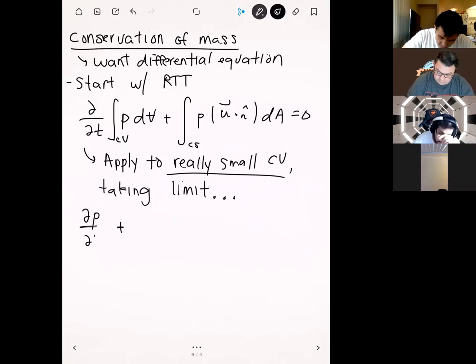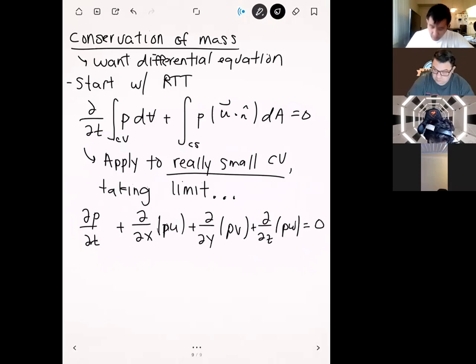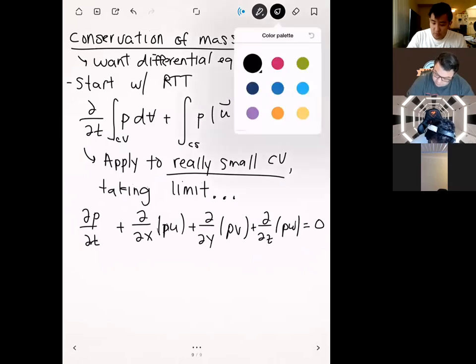So we have d rho dt, plus the following: d dx of rho times u, plus d dy of rho times v, plus d dz of rho times w, and the sum of all these is equal to 0.